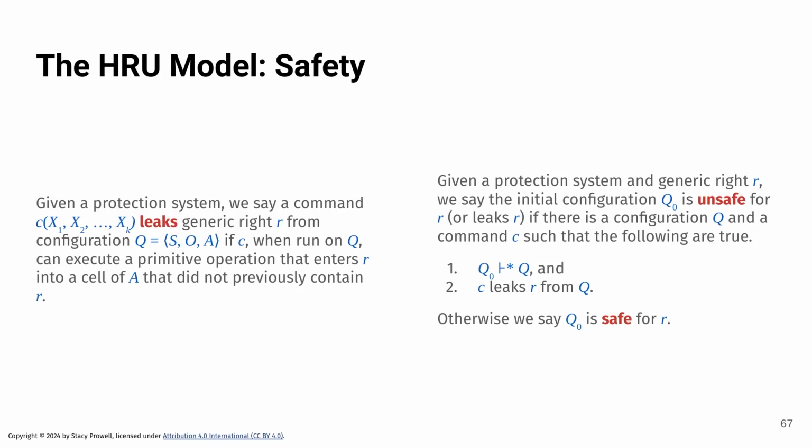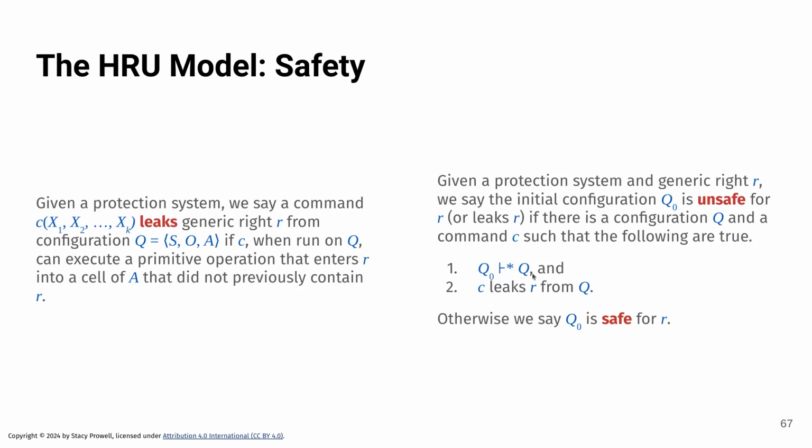Over on the right, we say, given a protection system and a generic right R, we say the initial configuration Q0 is unsafe for R if there's a configuration Q and a command C such that the following two statements are true. So I can go from Q0 to Q, right?